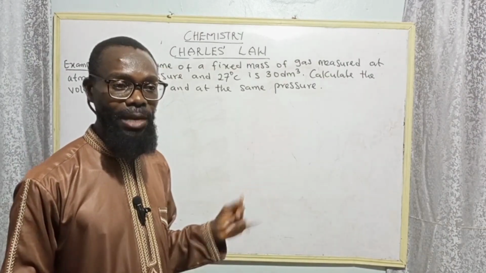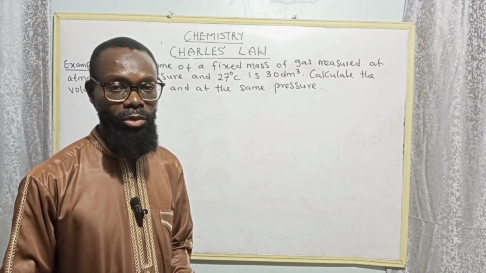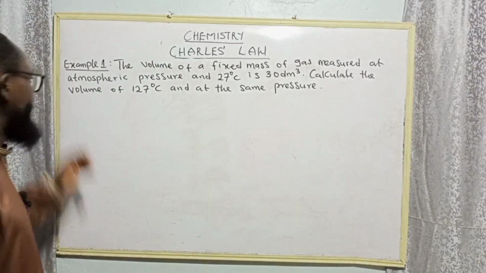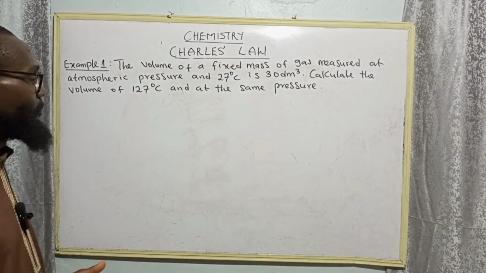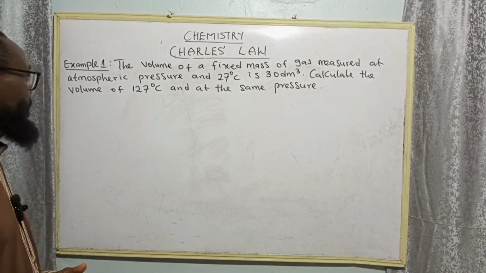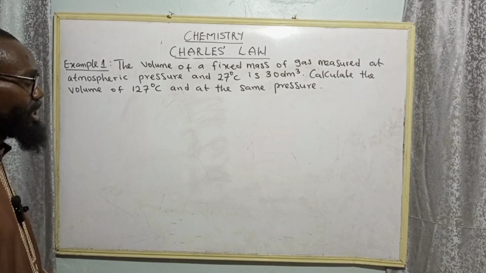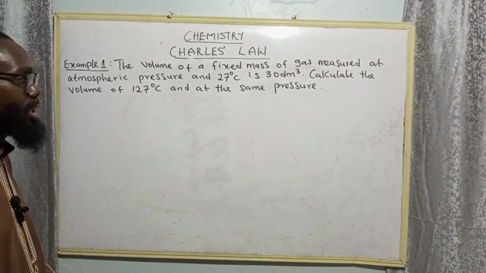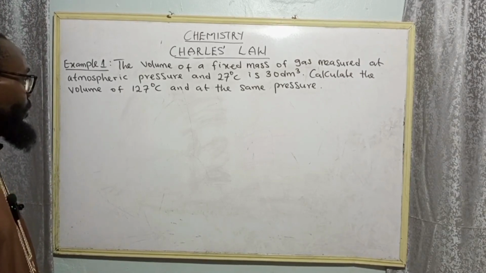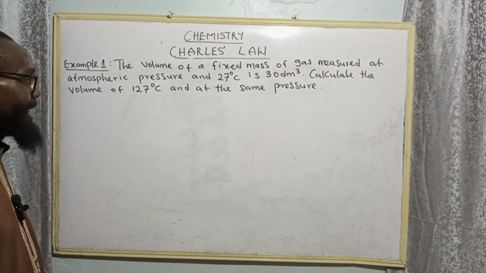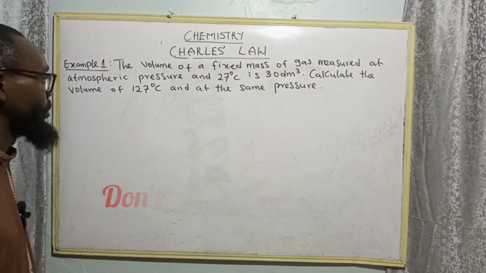Now, let us look at the application of this formula. Example 1: the volume of a fixed mass of gas measured at atmospheric pressure and 27 degrees Celsius is 3.0 dm cube. Calculate the volume at 127 degrees Celsius and at the same pressure.